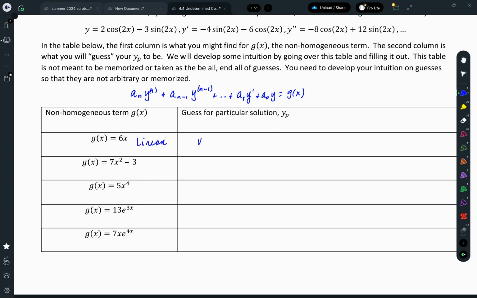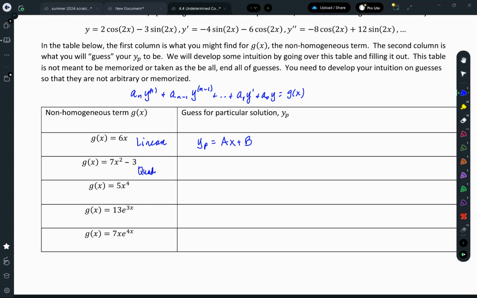And so my guess for y sub p would be Ax plus B, where I'm using capital letters for A and B because I really want them to stand out so that I can see them very well when I try to figure out what they are. Okay. The second row says g of x is equal to 7x squared minus 3. This is quadratic.